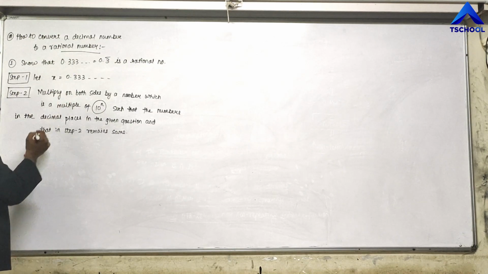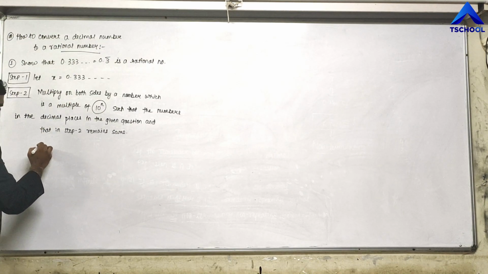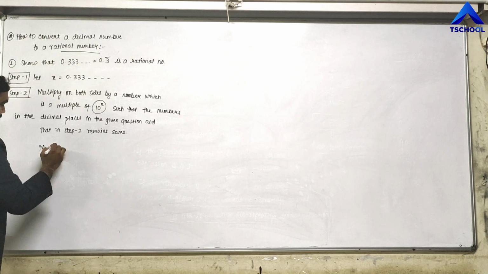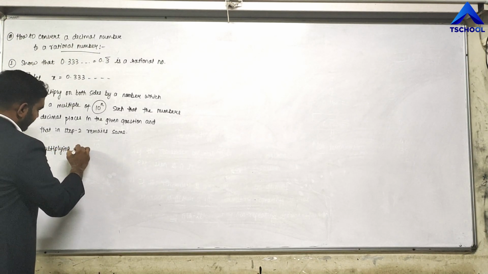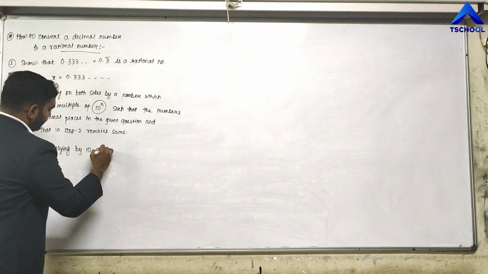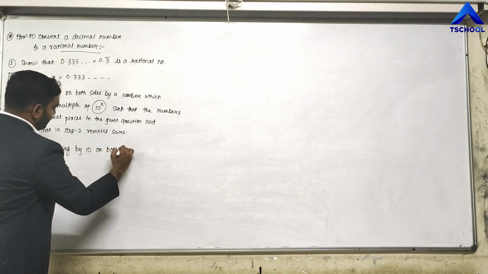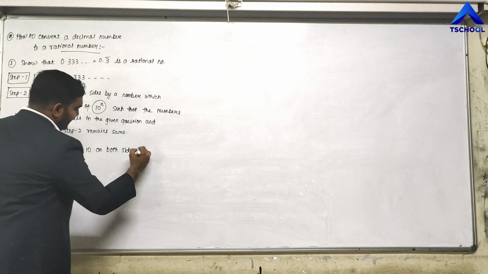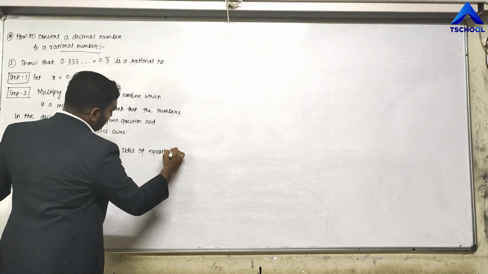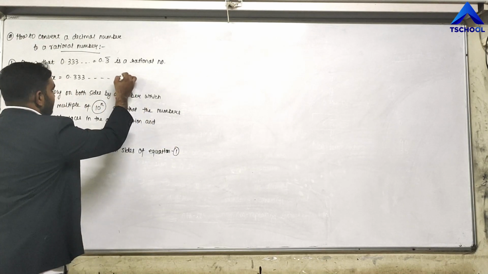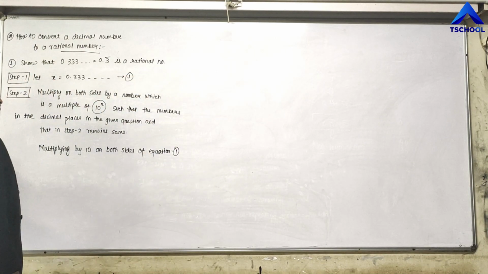So now coming to this question again, multiplying by 10 on both sides of equation 1. This is my equation number 1, right?